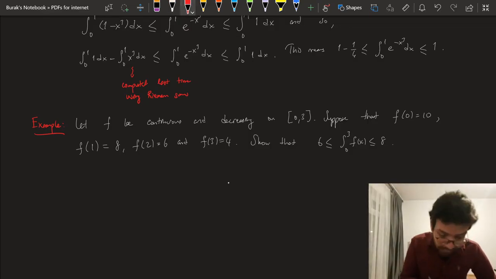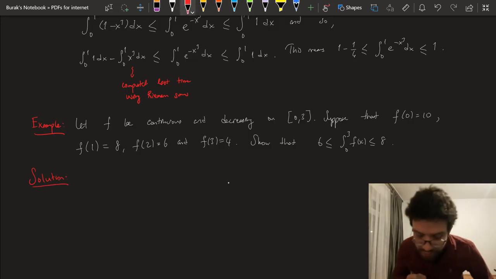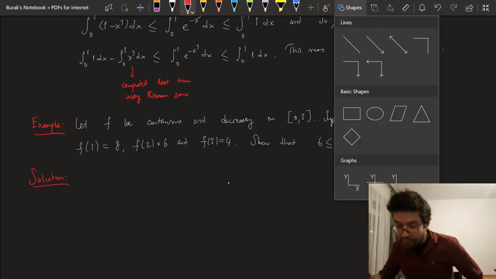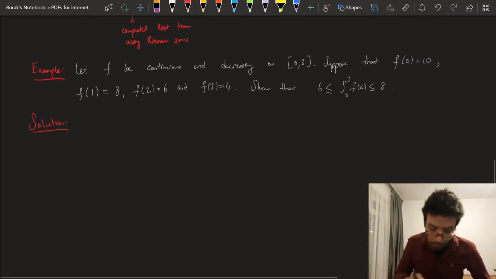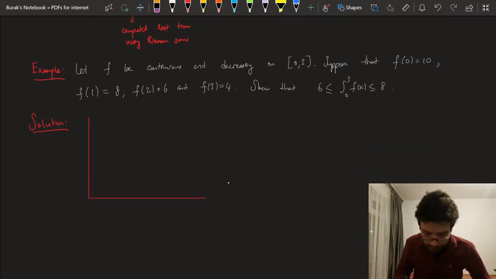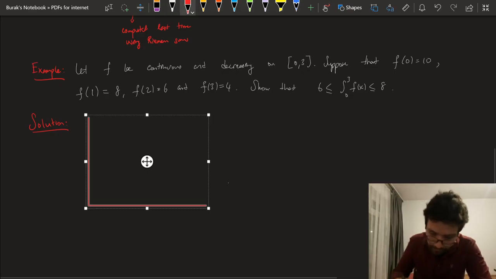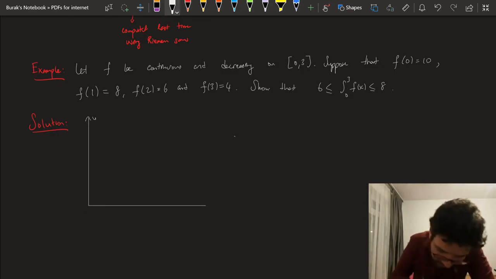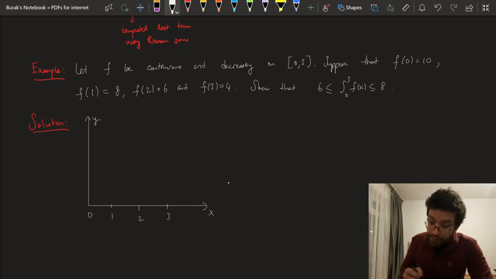So let's understand what's going on. I have a function which is continuous and decreasing on the interval 0 to 3. So this is my coordinate axis, and I have a function which is continuous and decreasing. That's going to be important, on 0, 3. Now, I'm given its values.